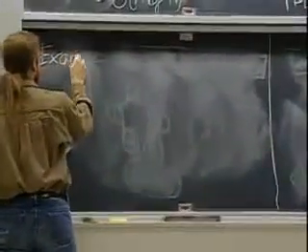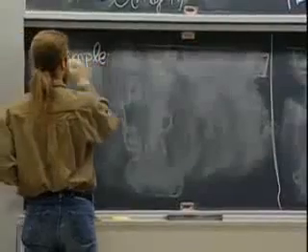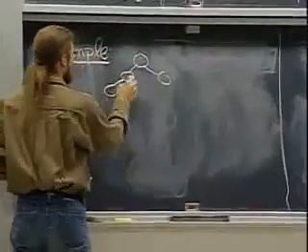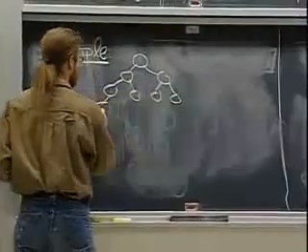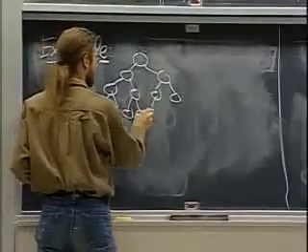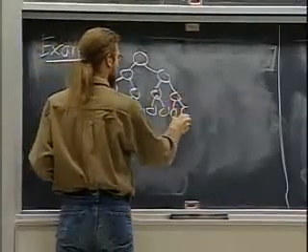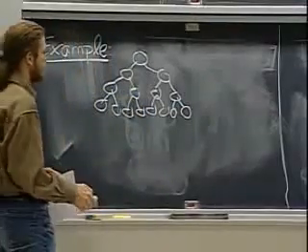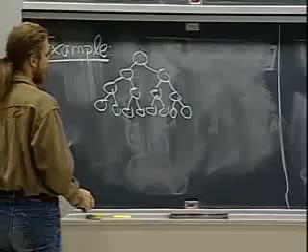So let's look at an example of a tree. Draw my favorite picture. So here we have a nice balanced tree, let's say on half of the nodes or a little more.